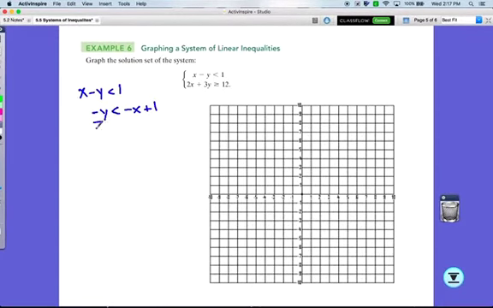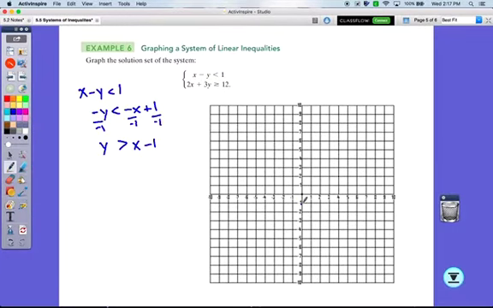I'd divide out the negative in front of the y by dividing by negative 1. So the first inequality becomes y is greater than, I had to flip because of the negative, x minus 1.